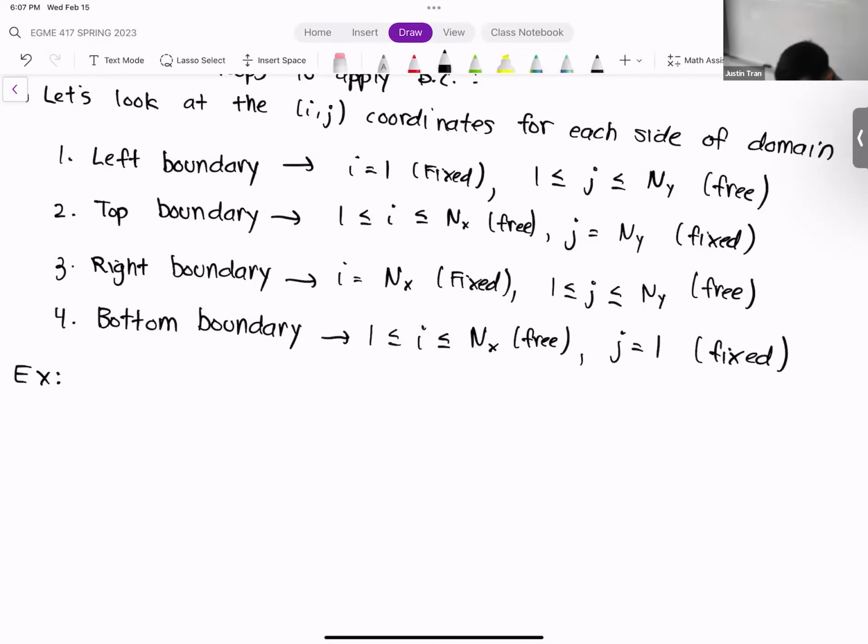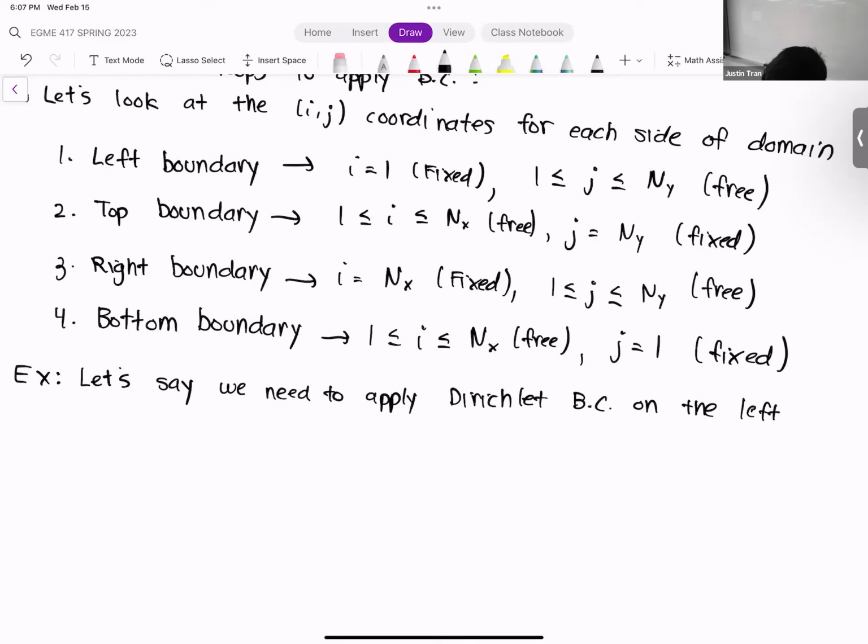Let's say for the problem that we're working on, we have a Dirichlet boundary condition on the left boundary. And so let's write the code in order to make this happen.